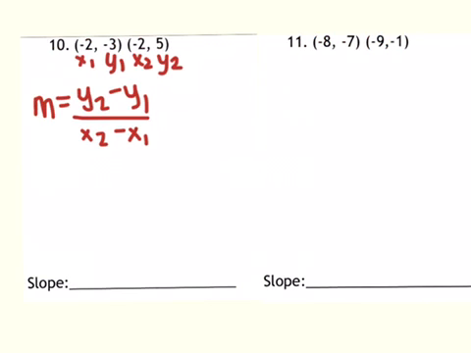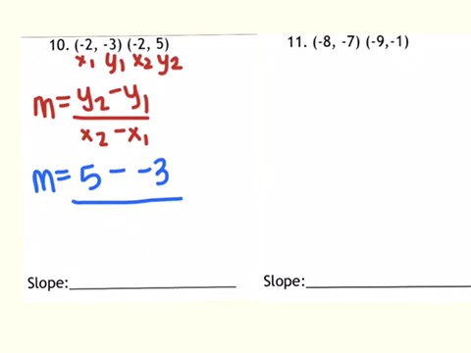Here we're using negatives, so we need to be careful when we're writing these equations that we don't drop any negative signs or subtraction signs. So we're going to plug them in again. M equals y2, which is 5, minus y1, which is negative 3. Make sure you keep that negative sign in there.